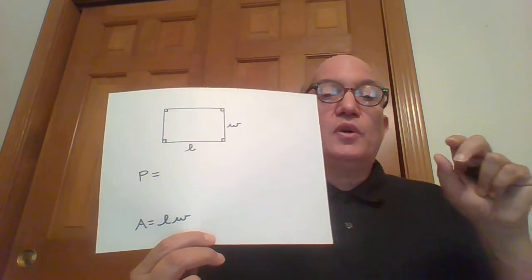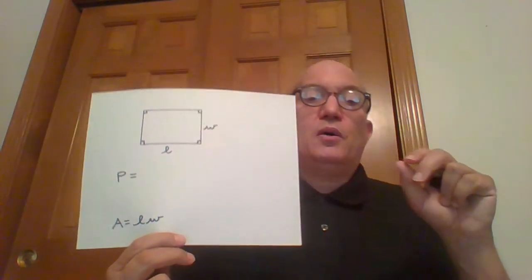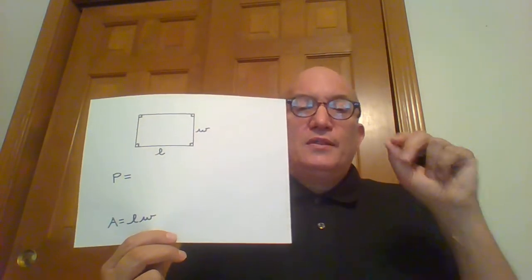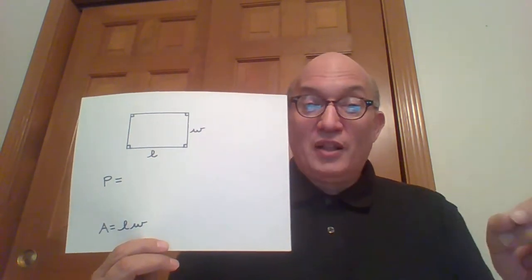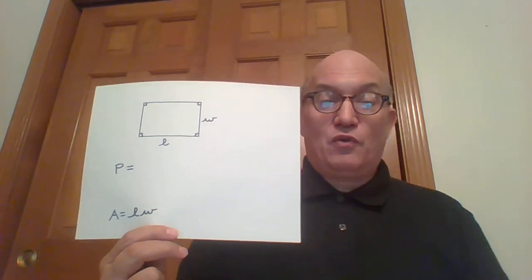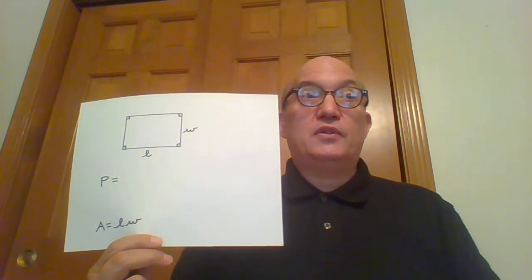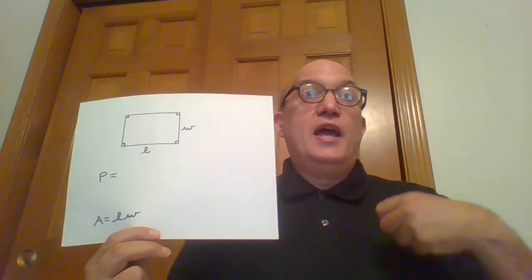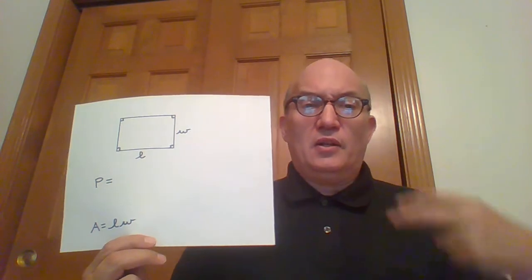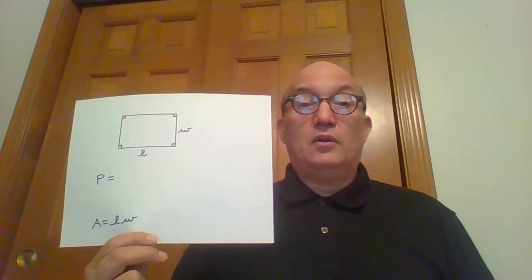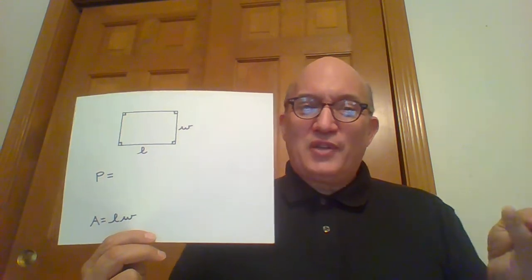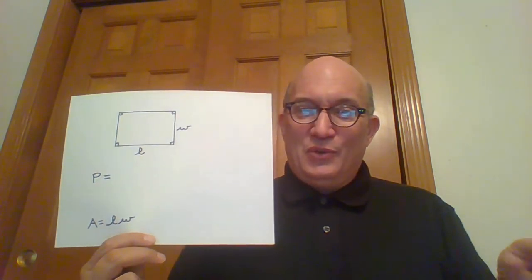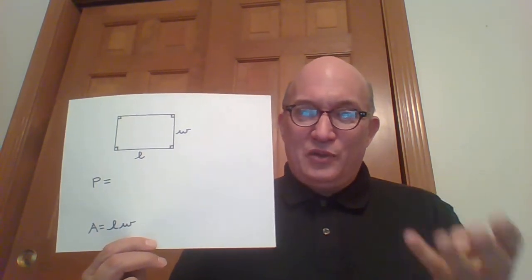But here's a very important concept when we're talking about perimeter. It's very common in the English language to talk about the length and the width of a rectangle, or to say, for example, I have a 5 by 3 rectangle, a 5-inch by 3-inch rectangle. Talk like that. But there are 4 sides to a rectangle. So there are really 2 lengths and 2 widths.